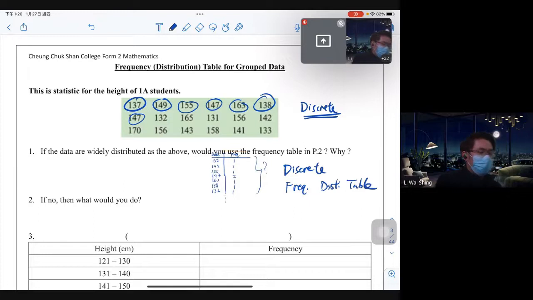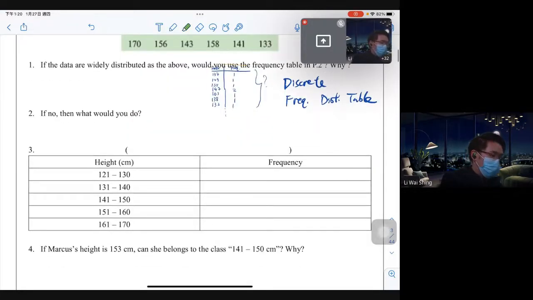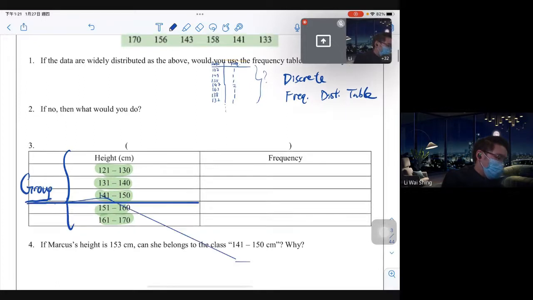Then what can we do? We can group them into ranges. We group the continuous data.